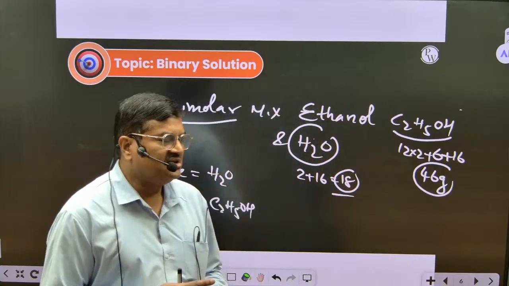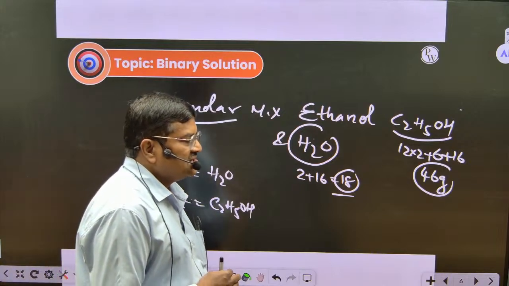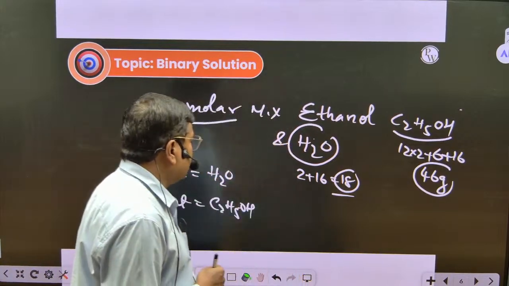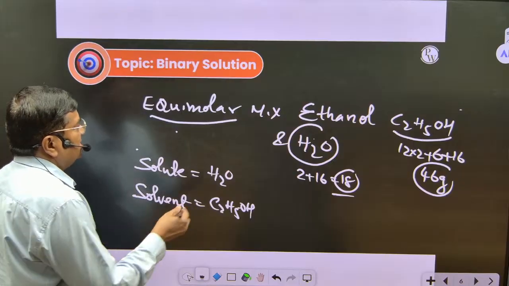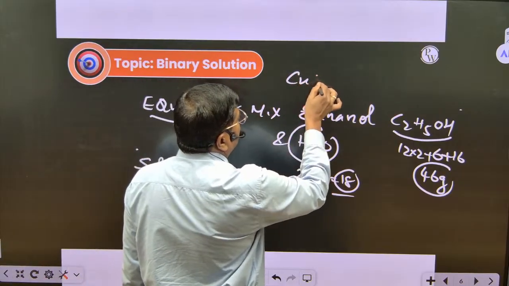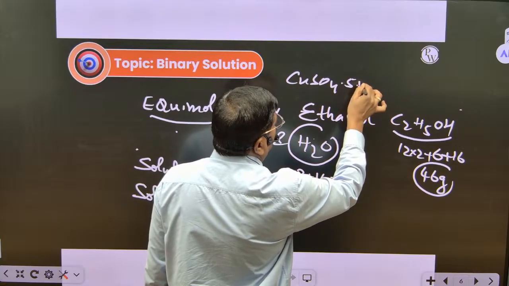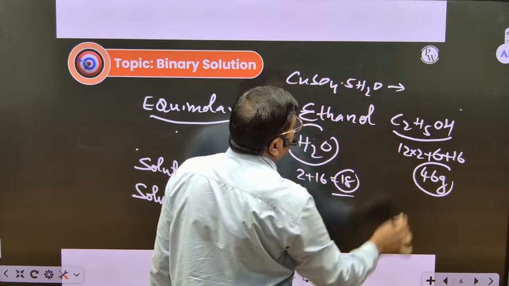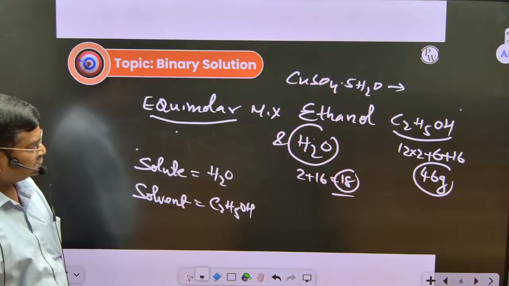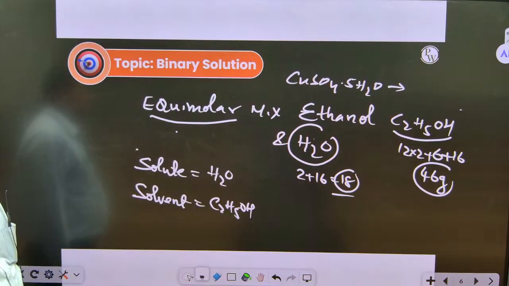If the physical state remains the same, then it is called the solvent. In that we took the example of copper sulfate blue vitriol, that is CuSO4.5H2O. In this, who is solute, who is solvent? Solute will be water, solvent will be copper sulfate. Hope you all understood this.